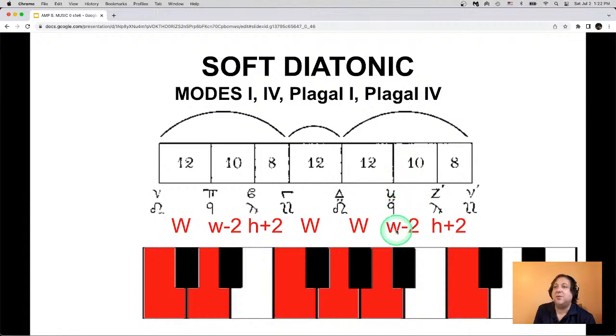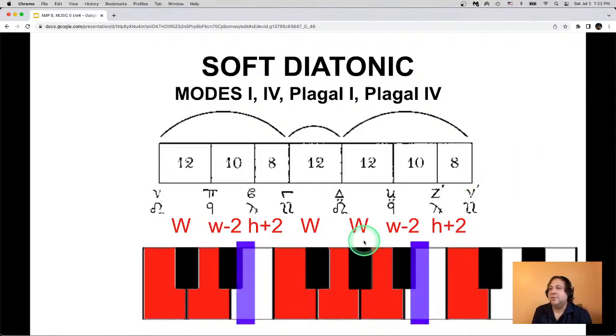And then you have another one of these whole steps minus 2 units. So it's B, but minus 2, flat. So it's a third flat. And then you have a half step plus 2 units, bringing you right back to your Ni, to your C. So these notes are okay on the piano, but these notes aren't.